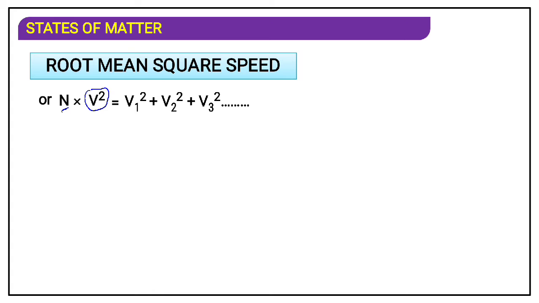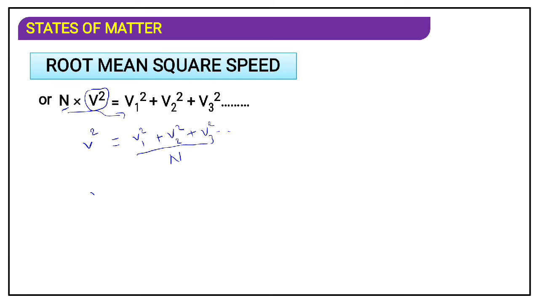If I take n to the other side, then it becomes v1 square plus v2 square plus v3 square and so on, divided by n.